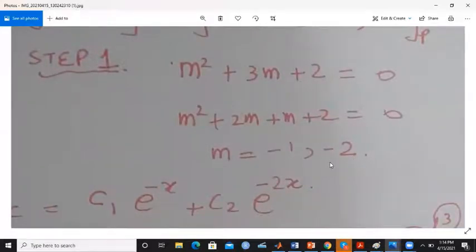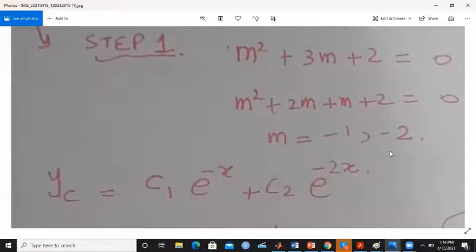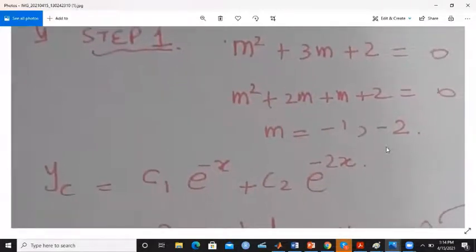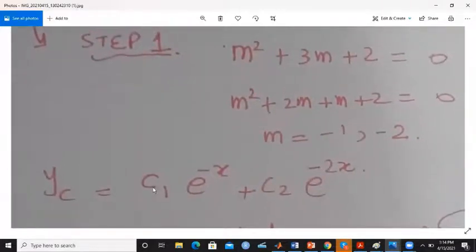Now the rule to find the solution of a homogeneous differential equation is that we say y is equal to c1 e to the power first root x plus c2 e to the power second root x, where x is the independent variable in d by dx. So this is my solution for the homogeneous differential equation.